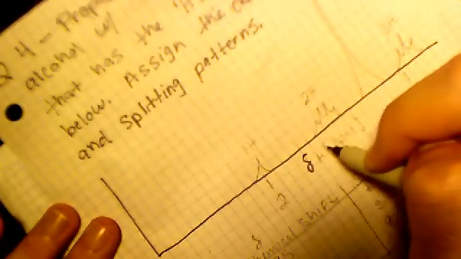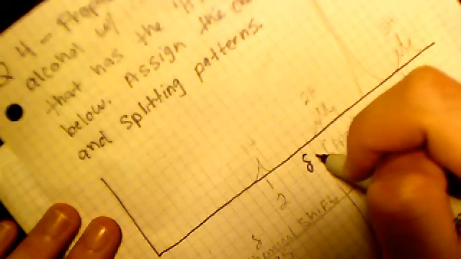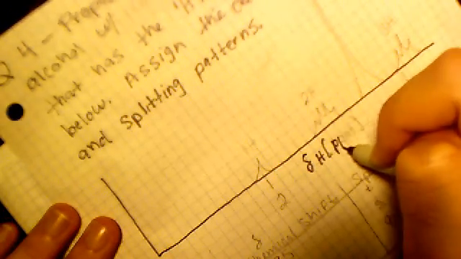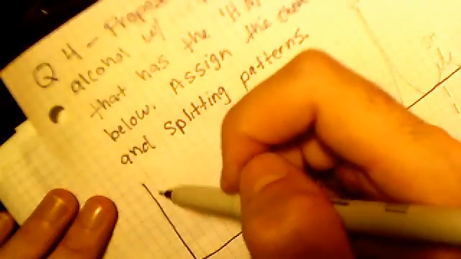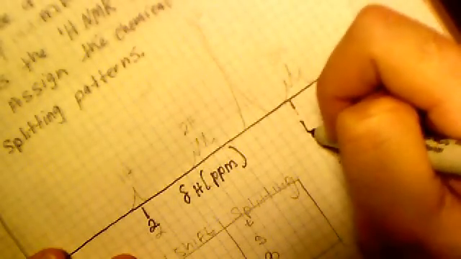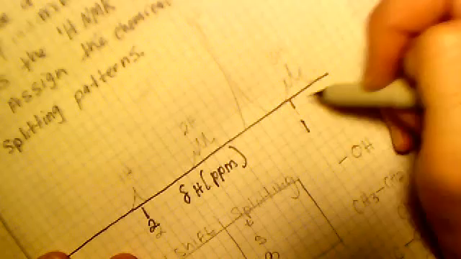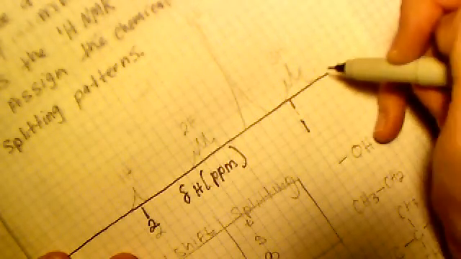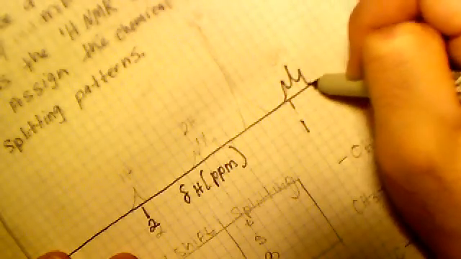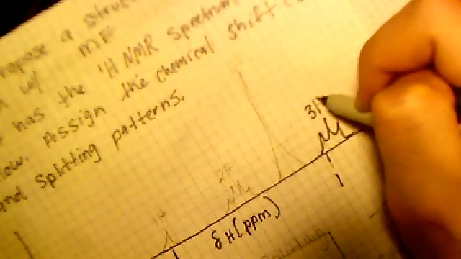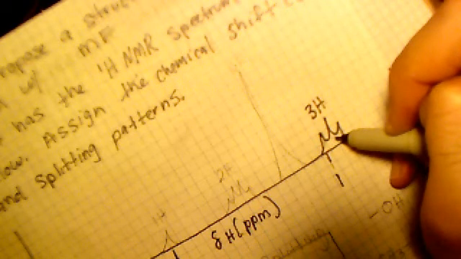So, the x-axis is the chemical shift in parts per million, and then the y-axis is number of hydrogens. Here's the benchmark. This is chemical shift of 2. This is chemical shift of 1. Right down here at 1, upfield, there are 3 hydrogens, and their signal is broken up into 3 peaks.